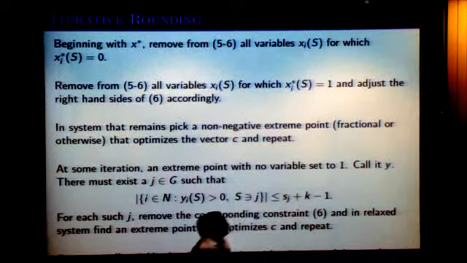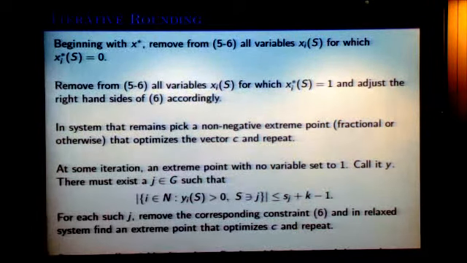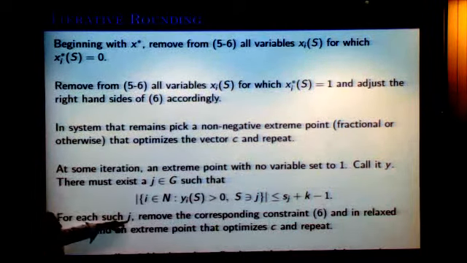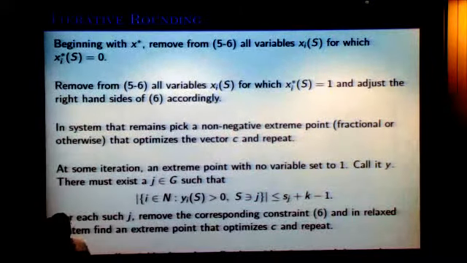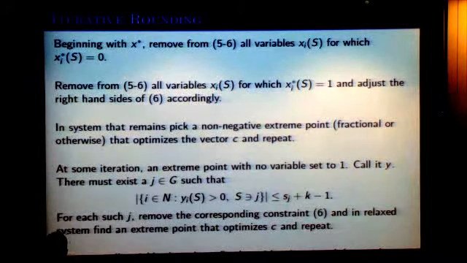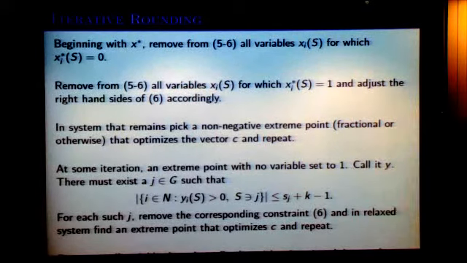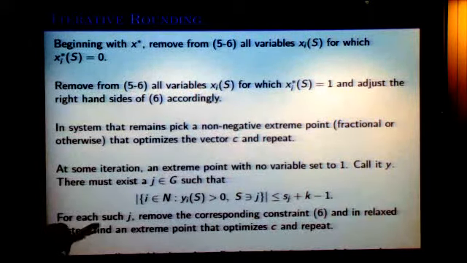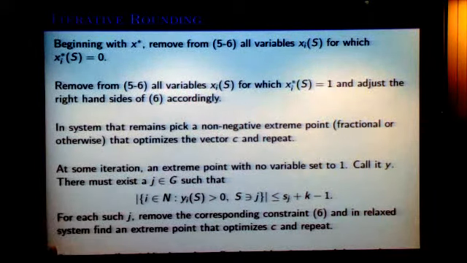Okay? That's the thing that you have to prove. For every such good, throw that constraint away. Repeat until every variable has been set to 0, until you've got a solution. Okay. Does the procedure make sense?